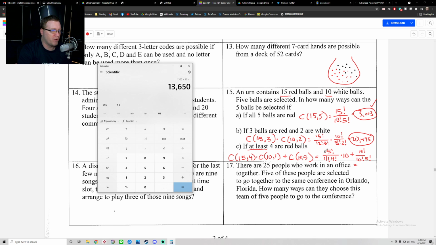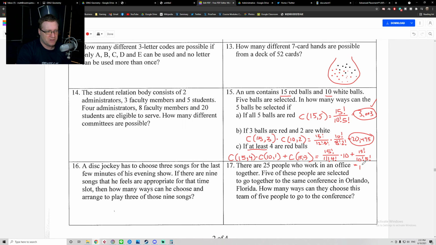So that's this whole part here. And then we need to add this. Well, remember, this is 3003 plus 3003. All right, and when you do that, you get 16653. Yeah, that's right. 16653. And that's the answer.